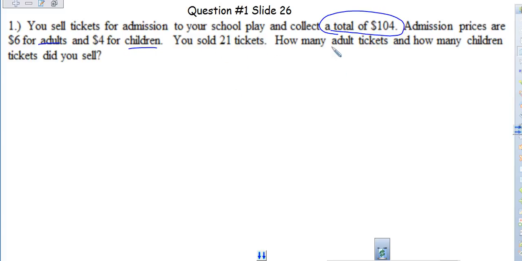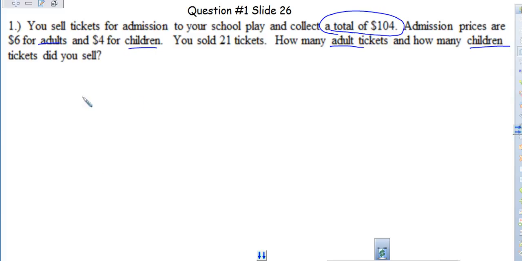How many adult tickets and how many children's tickets did you sell? So we see adult and children, two things, two times. We're talking about them about number of tickets and cost, or yeah, so the total cost or total receipt prices for the tickets. So you talk about it two different times.